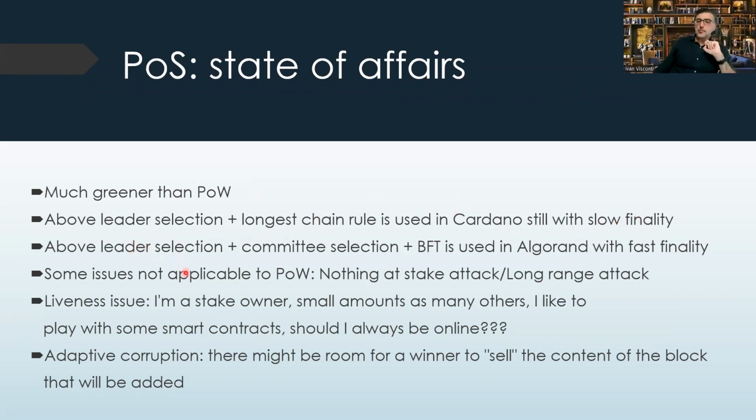Instead, one can also look in different directions. Indeed, I mentioned it before. Look, once you are in the proof of stake setting, you can take advantage of Byzantine fault tolerance. And that's precisely what Algorand decided to do.